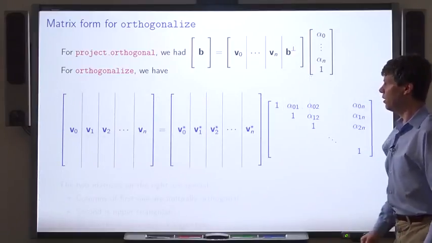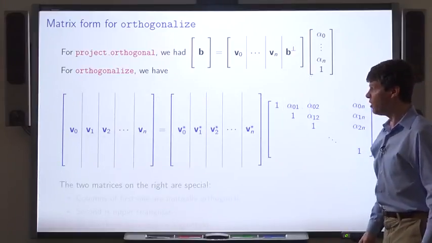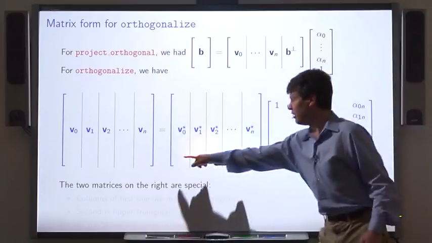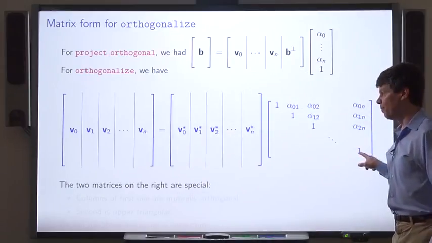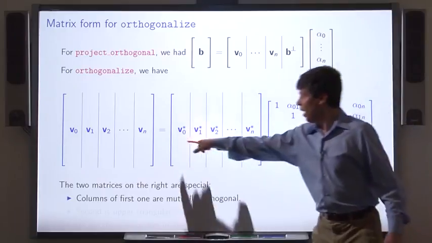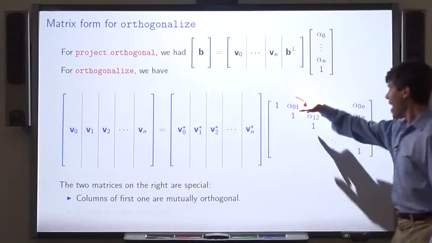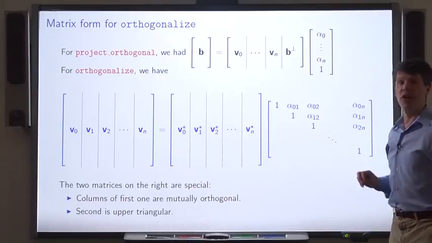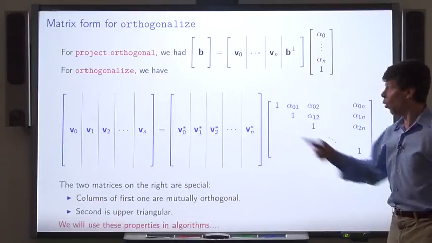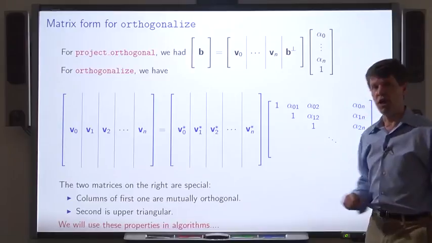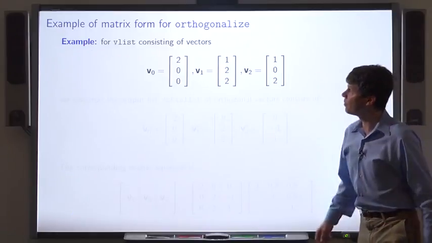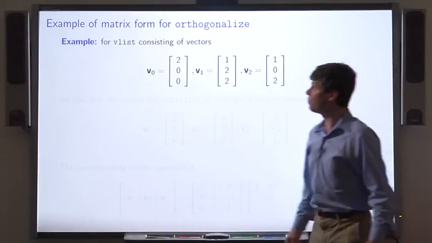In general, the solution looks like this. Now notice that these two matrices have a special form. The columns of this matrix are all mutually orthogonal. And this is an upper triangular matrix. So we'll use those properties later on in algorithms. Here's an example.